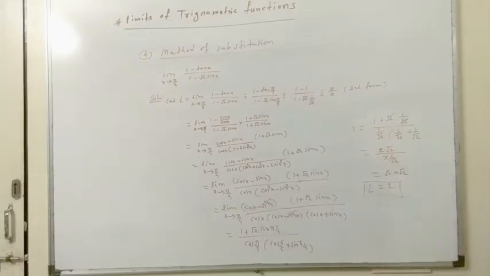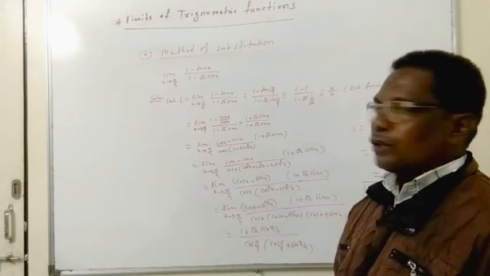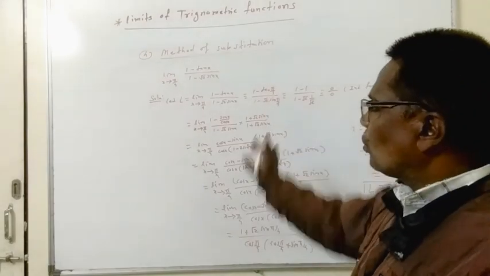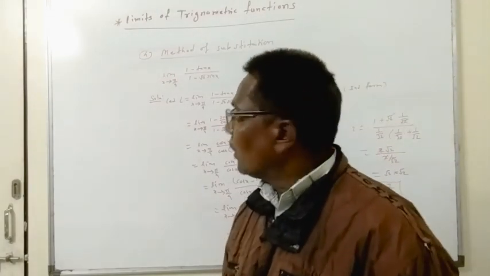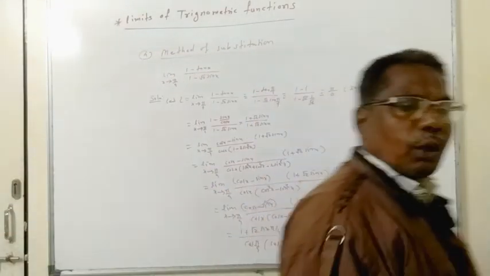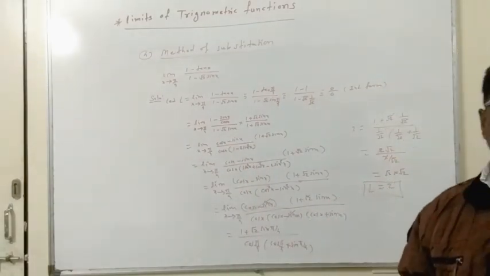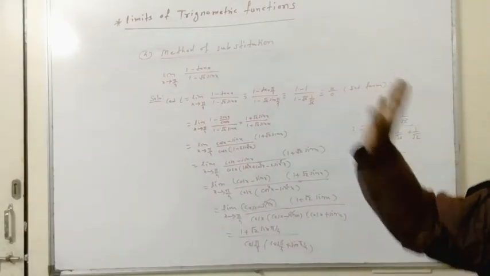The method of simplification and the method of rationalization are all applicable in trigonometric limits also. And finally, when all the methods fail, you go to the method of substitution. So in short, to evaluate limits of algebraic functions there are 5 methods. Similarly, to evaluate limits of trigonometric functions, there are 4 methods.